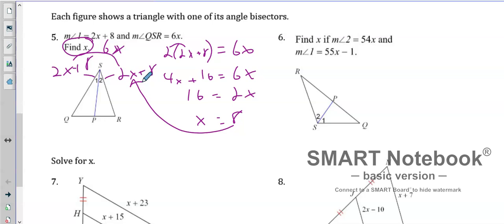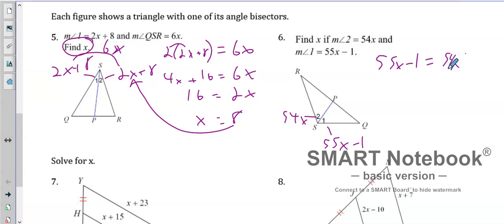All right, find x if angle 2 is 54x. So 54x. And angle 1 is 55x minus 1. This time you're given both of them, so you just set them equal to each other. 55x minus 1 equals 54x.